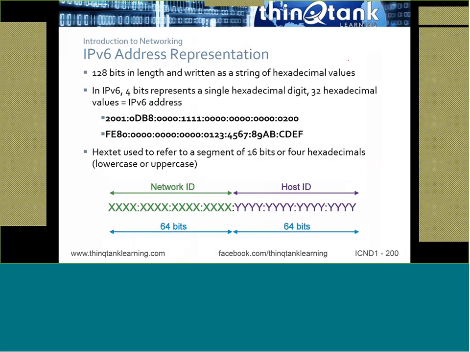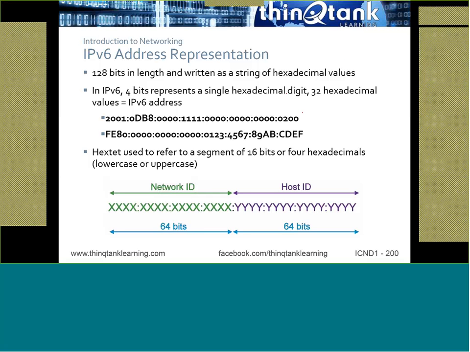All right. So IPv6 addresses are written as 128-bit addresses, but they're written in hexadecimal format. Why? We could have written IPv6 addresses in decimal format. Take a look at how an IPv6 address is structured.